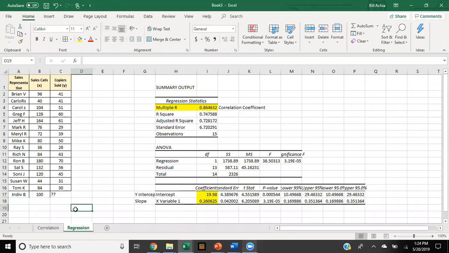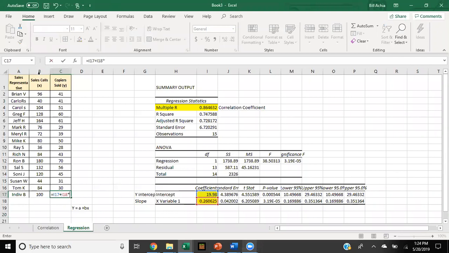If you remember, the line equation was y equals a plus bx. Okay, so let's use that information for the line. So y equals your a, which was your intercept, plus your b, which is your slope, multiplied by your x value.